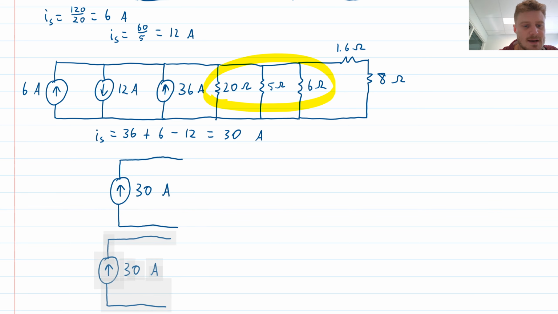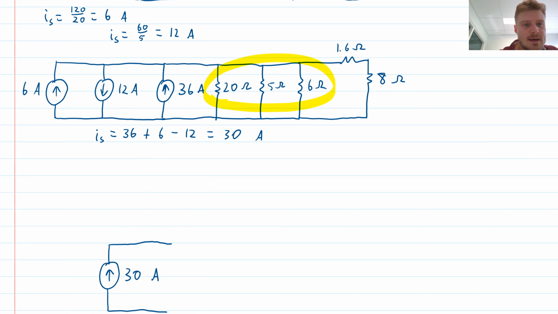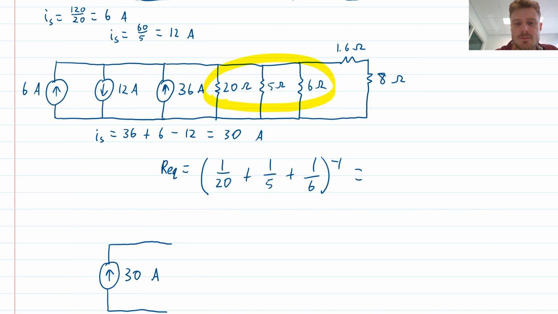Let's move this down, have some space. I will calculate an equivalent resistance for that, which is going to be 1 over 20 plus 1 over 5 plus 1 over 6, all of that to the power of minus 1. So we calculate 1 divided by 20 plus 1 divided by 5 plus 1 divided by 6, all of that to the power of minus 1, which is 2.4 ohms.